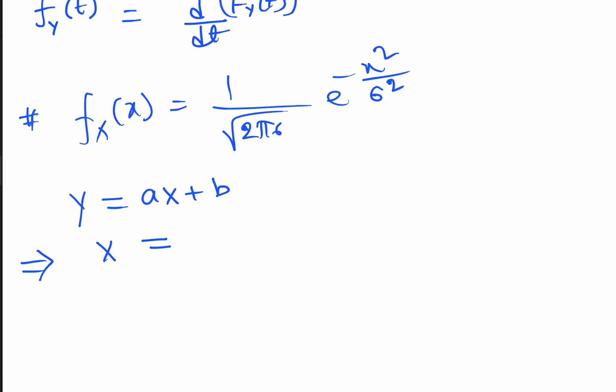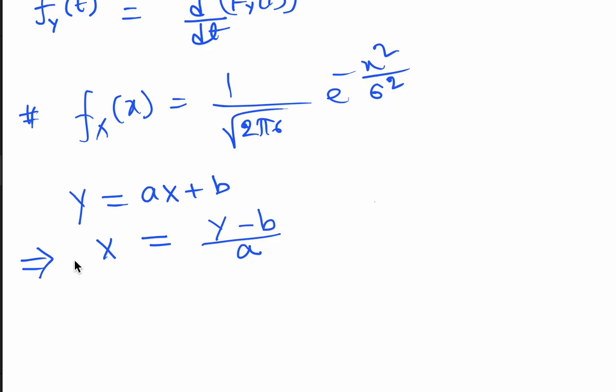So x equal to (y minus b) by a. Now you see that this is again an increasing function of y, so it's monotonically increasing.